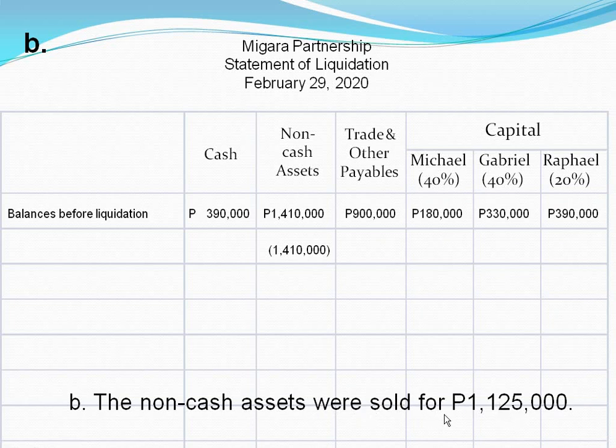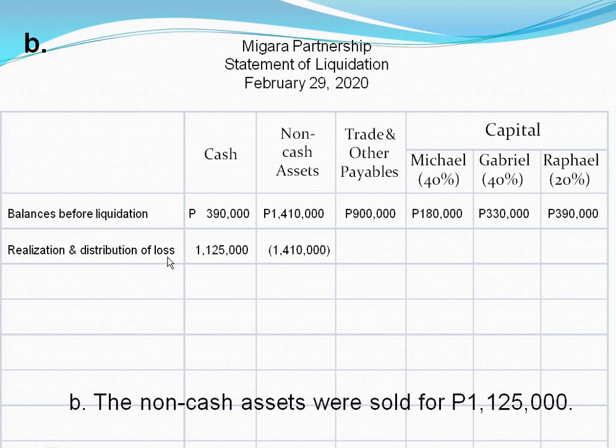Cash proceeds amounted to 1,125,000. So, that increased the cash by that amount. The sale of the assets is known as what? Realization. Now, is there a gain or loss? There is a loss. How did you know?